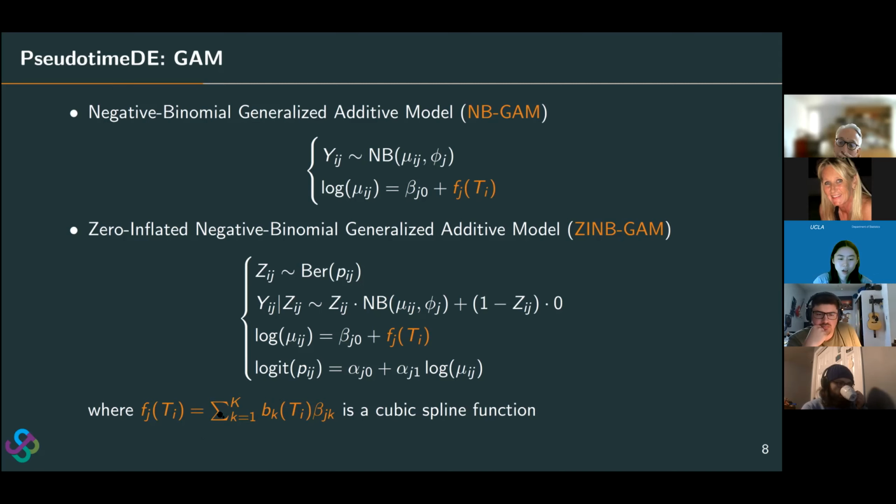That's why we call it an additive model. And the generalized means the distribution is negative binomial, not normal distribution, because in a linear regression class we often assume a normal distribution. So here it's not. That's all I want to say briefly about this model.